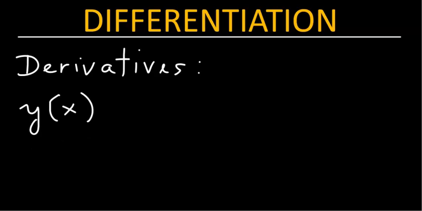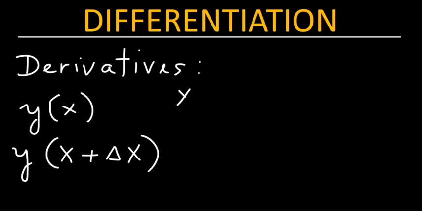Now let's assume I increase the value of x by a very small amount, delta x. What effect would it have on the value of y? The new value of y is given by the following function.